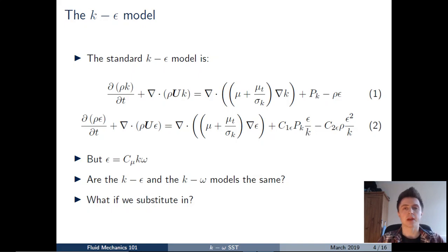At this stage, we can look at the identity that epsilon is equal to C mu times k times omega, and we can use this to compare the K-epsilon model with the K-omega model and see if we can identify any differences between the models that might be leading to the different observed behavior in the computations. The way we're going to do this is by using that identity, epsilon equals C mu k omega, substituting that into the dissipation rate equation, and then comparing that with the K-omega model to see if we can spot any differences.